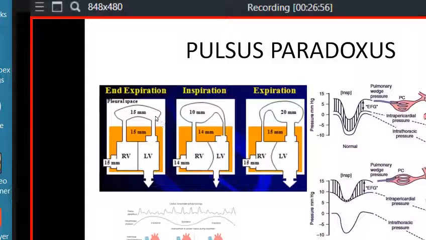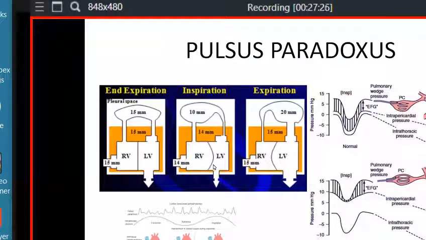Most of you know the genesis of the pulsus paradoxus. Two things happen when the person inspires. More of the blood accumulates in the pulmonary circuit, so there is less going into the LV. And then because of the tamponade, there is more ventricular interdependence, so that the LV fills less during inspiration while the RV fills more.